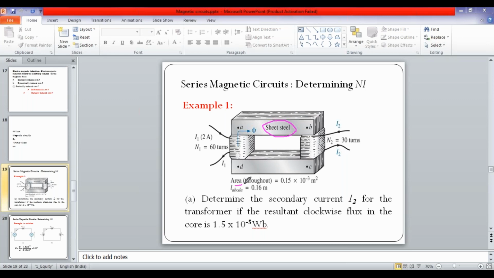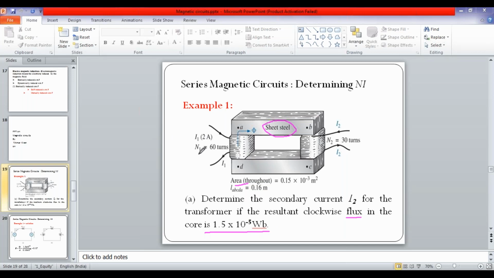The area and length are given here. Now, determine the secondary current I2 for the transformer if the resultant clockwise flux in the core is as given. Here the flux value is given.